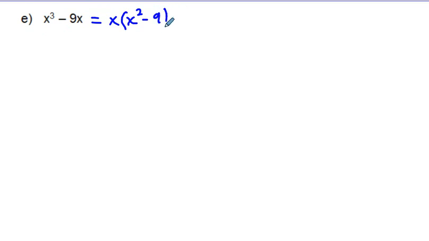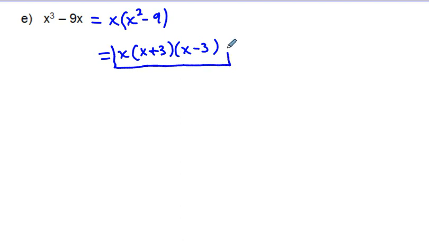And then we can use the difference of squares. What is the square root of x squared? X. We have plus minus. And what is the square root of 9? 3. Okay, so this is going to be our answer to problem E.